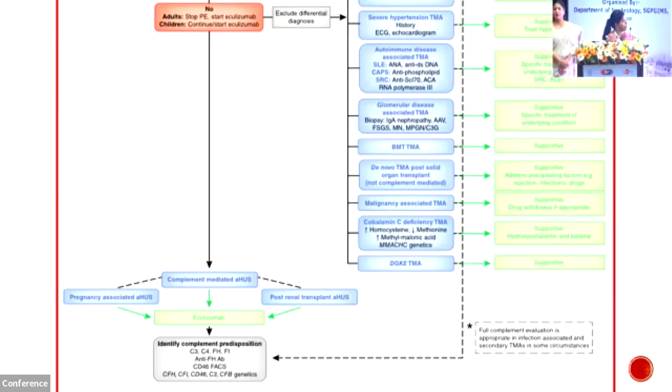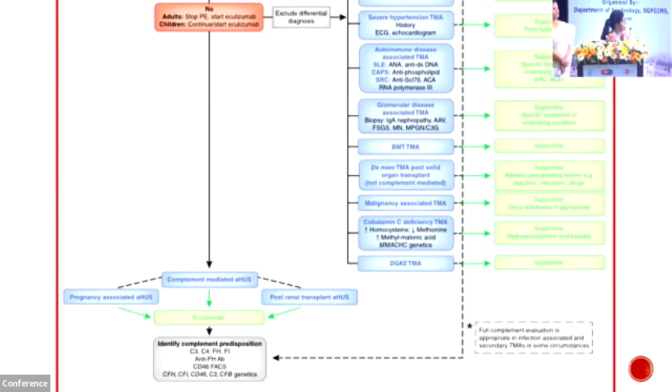You have bone marrow transplant related TMA. You have TMA post solid organ transplant, post-renal transplant, for example. Here again, a high proportion of patients will have complement gene abnormality, and you will require a comprehensive evaluation. Malignancy, again, there's no role for plasma exchange, and DIC, again, there's no role.